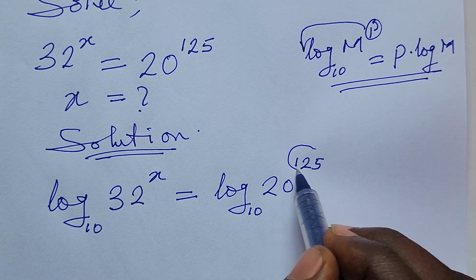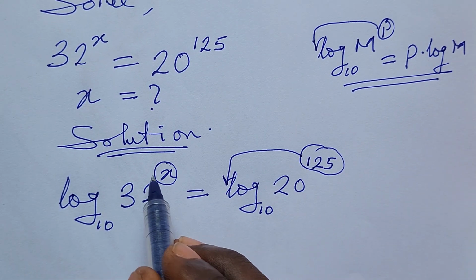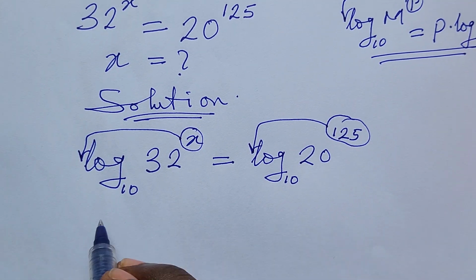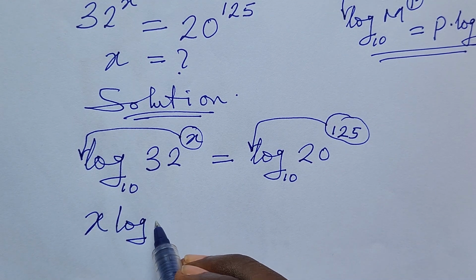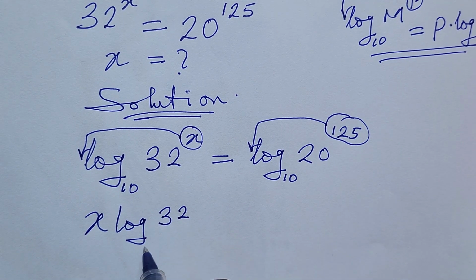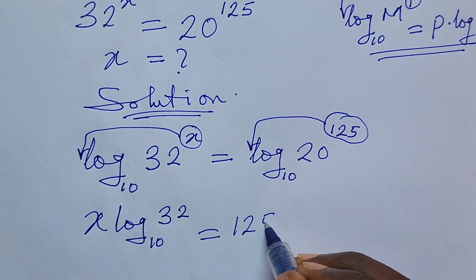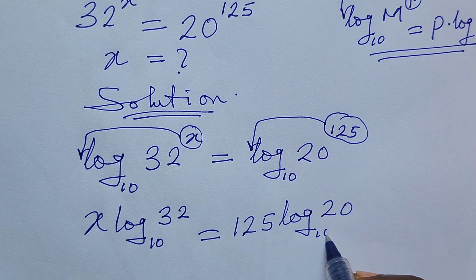We move this exponent back here, so this will now give us x times log 32 base 10 equal to 125 times log 20 base 10.